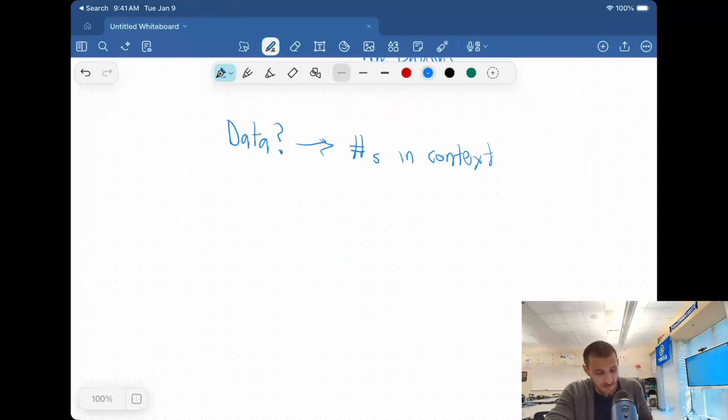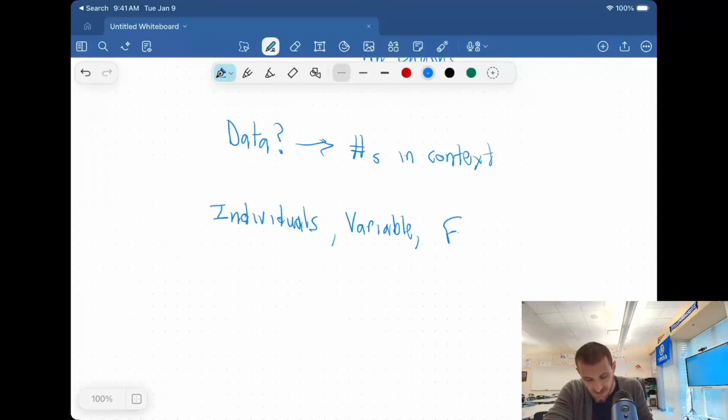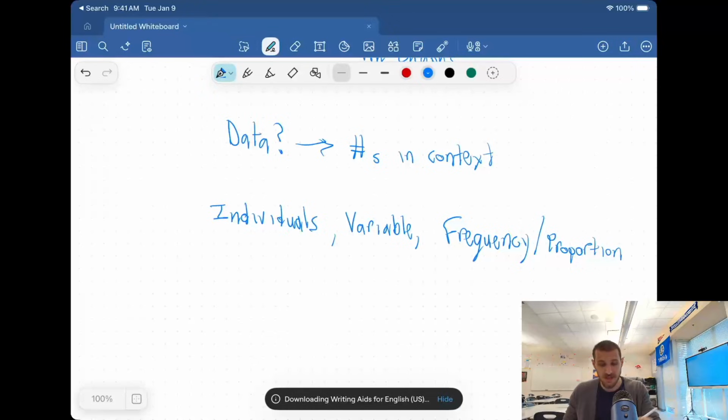Of course, we're going to talk about the different subcomponents of data. We need to understand that in a data set, there are individuals, there are variables, and then there's frequency or proportion. Now, the import of these things cannot be overstated.